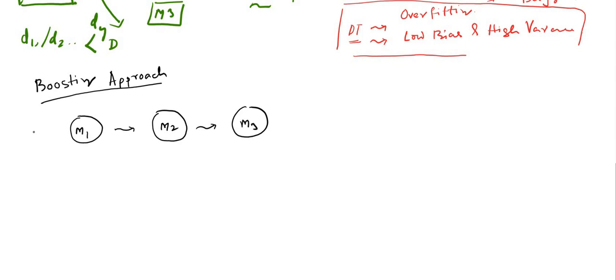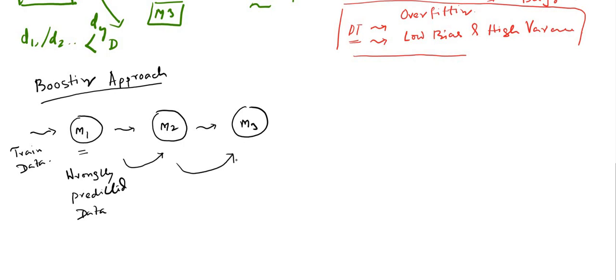We pass the training data, the first model does its work and there will be some wrongly predicted data. We'll pass that into the next model, and then into the next model.